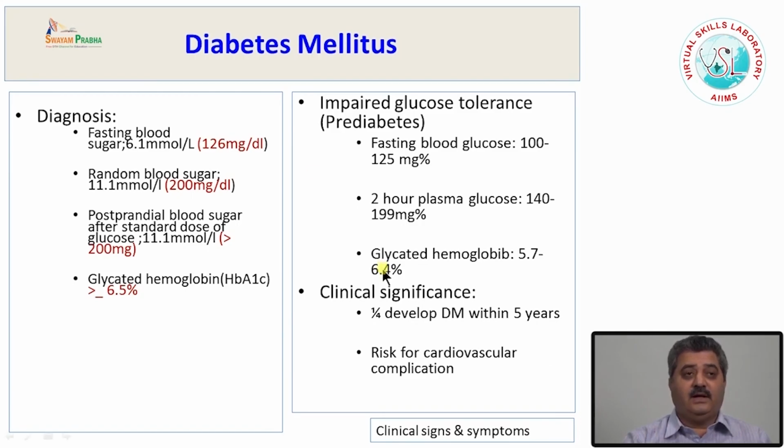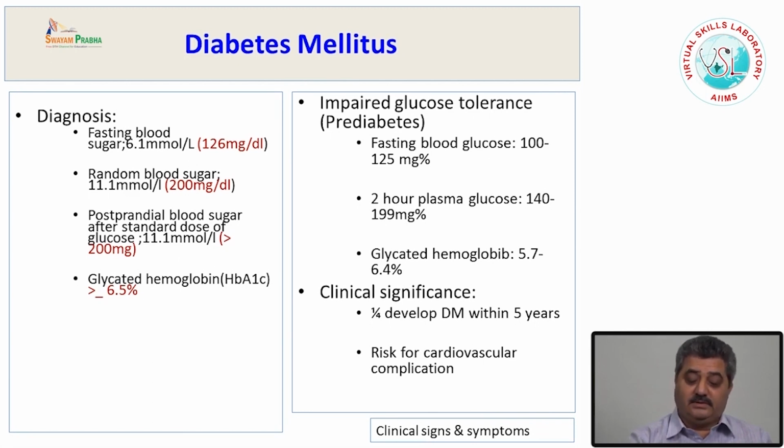It has been found in large studies that one quarter of these pre-diabetic patients develop diabetes mellitus over time, mostly within 5 years. The second is that the chances of cardiovascular complications are higher in pre-diabetic patients as compared to the general public.